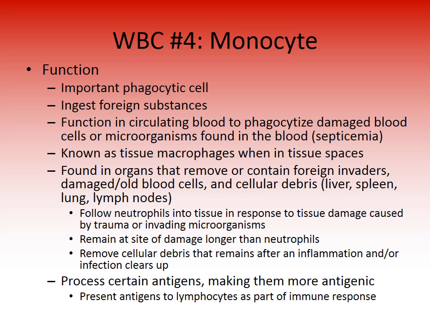The function of the monocyte: it's a very important phagocytic cell, okay? It ingests foreign substances. It functions in circulating blood to phagocytize damaged blood cells or microorganisms found in the blood. So when the monocyte is in the circulating blood in your veins or your arteries, it phagocytizes damaged blood cells.